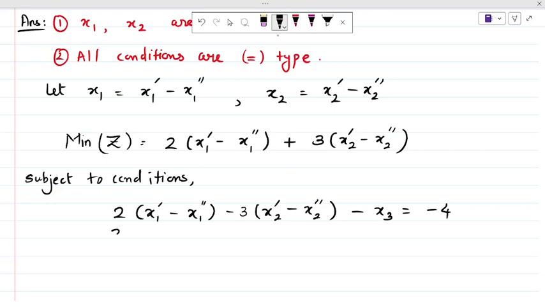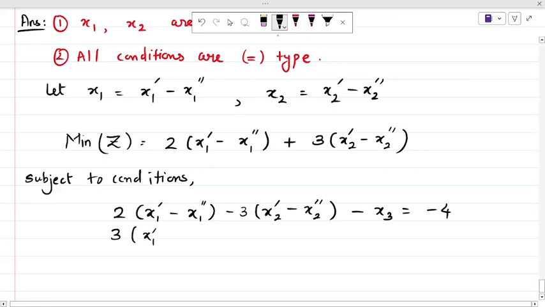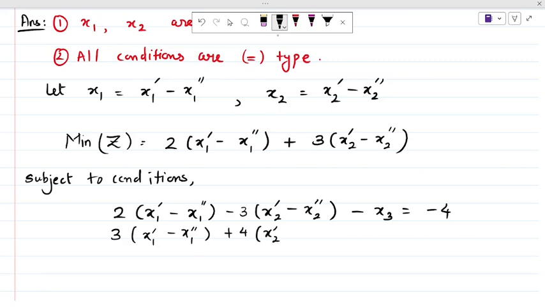Then 3 times x1 dash minus x1 double dash plus 4 times x2 dash minus x2 double dash, minus x4, which is equal to minus 6.